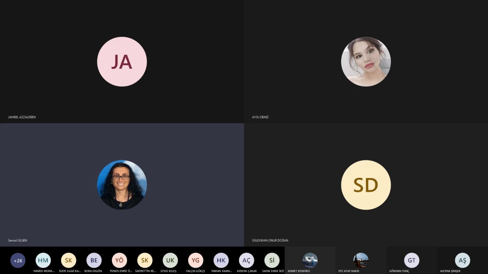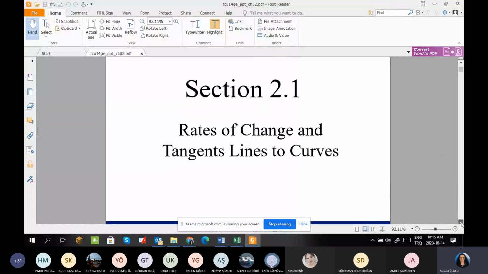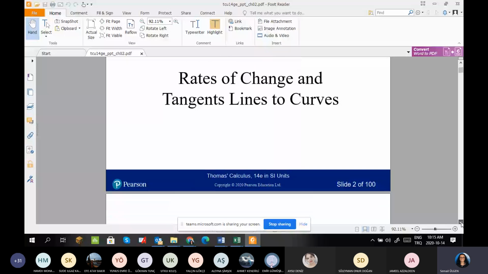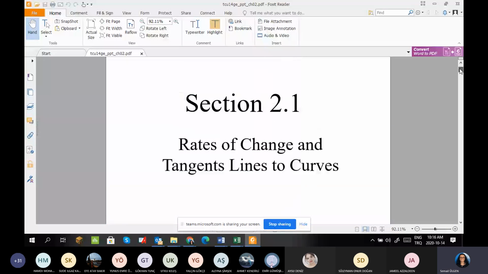All right, so this is section 2.1, rates of change and tangent lines to the curves. Okay, we are going to start with the average speed. In this section we are going to see these tangent lines.